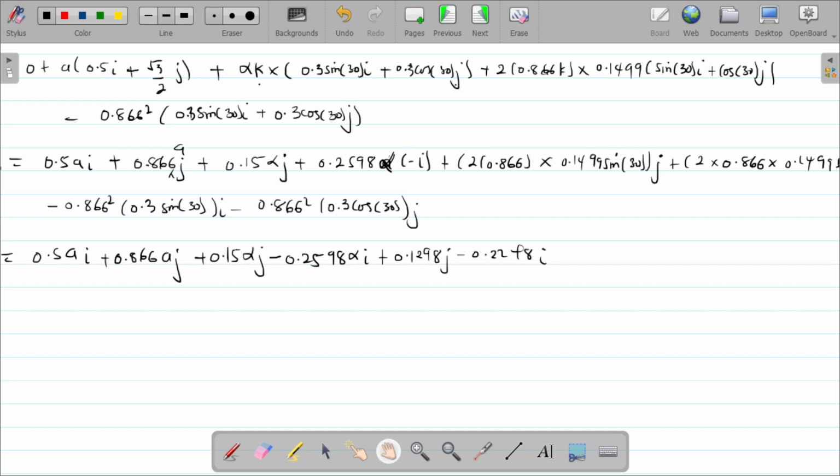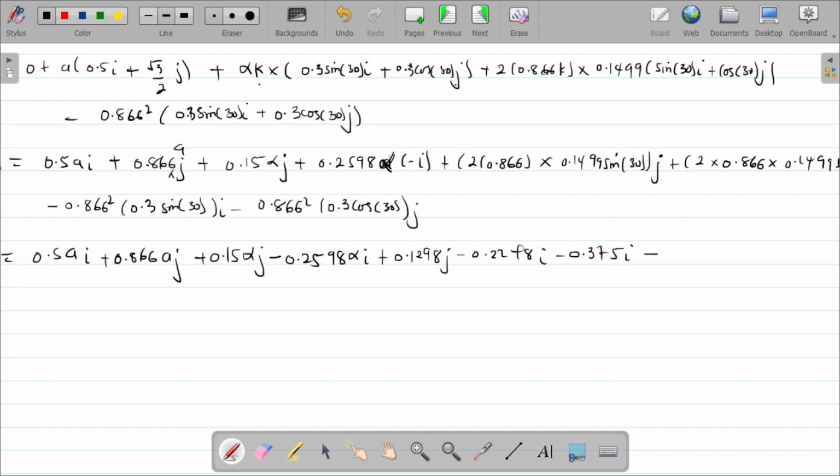0.866 squared sine 30. 0.3749 or 0.375. So we have minus 0.375 I, and then minus cos 30. 0.649.